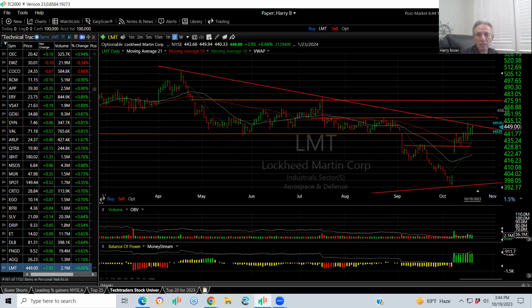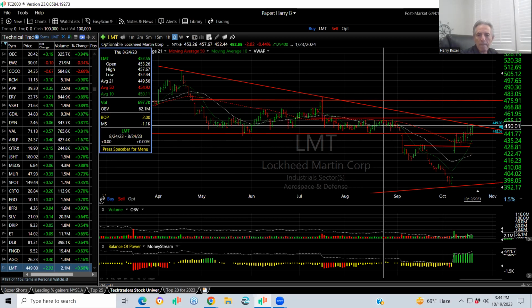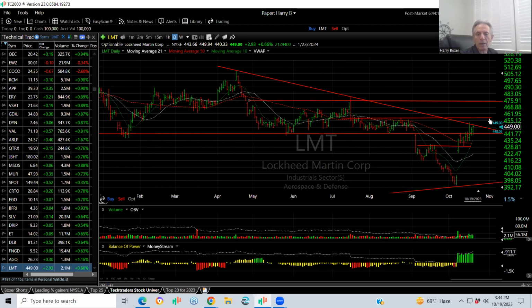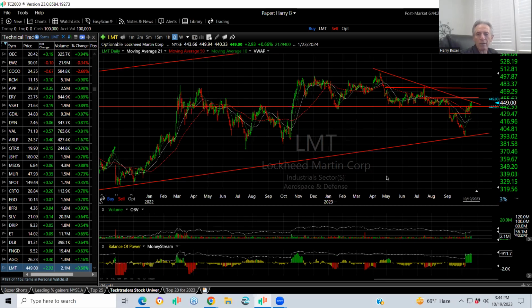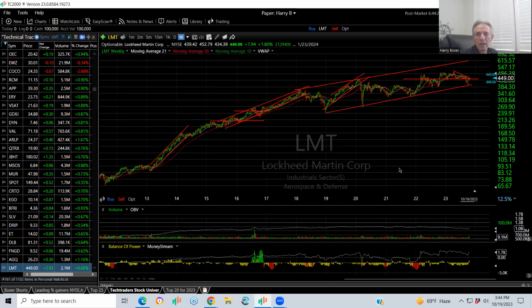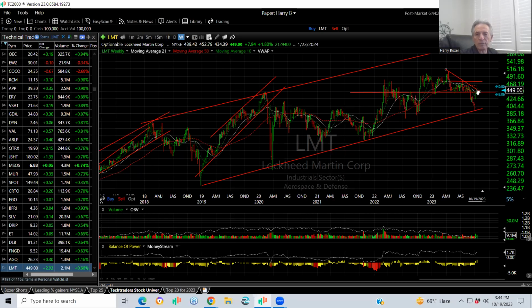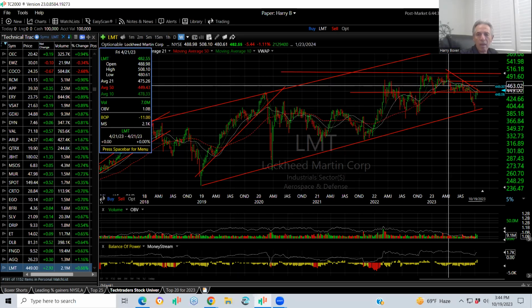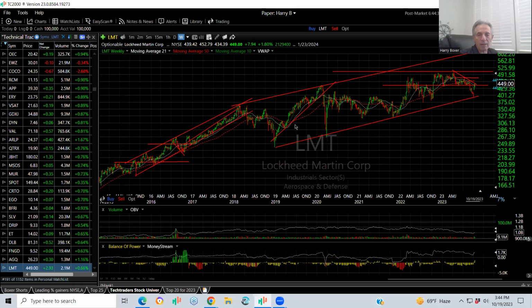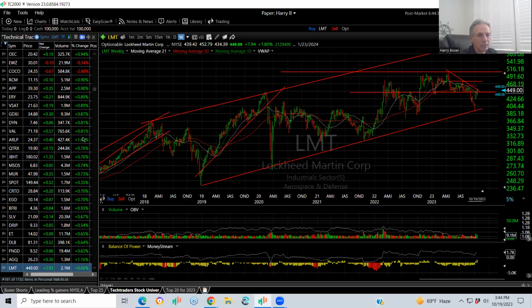Resistance and targets, 458 and 475, short term. We get up in there, we should pull back. Overall pattern, obviously a monster for years now. Look at this. And I would look to see if this stock can retest the all-time highs around 500, 508. Not for me. I don't like these high price stocks, but that's just me.